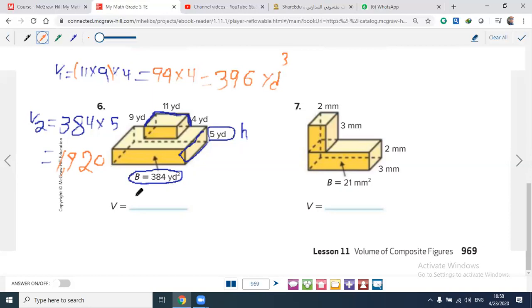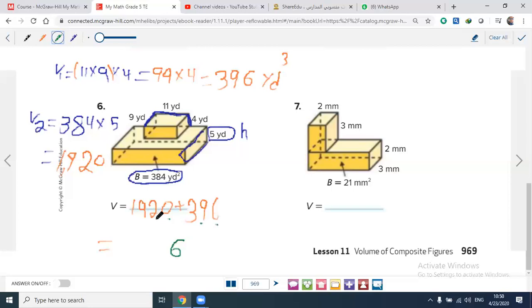Now I have to find the total, V1 plus V2, to find the total volume of the composite shape. I have to add 396 plus 1920. Now I can add. Here 6 plus 0 equals 6.